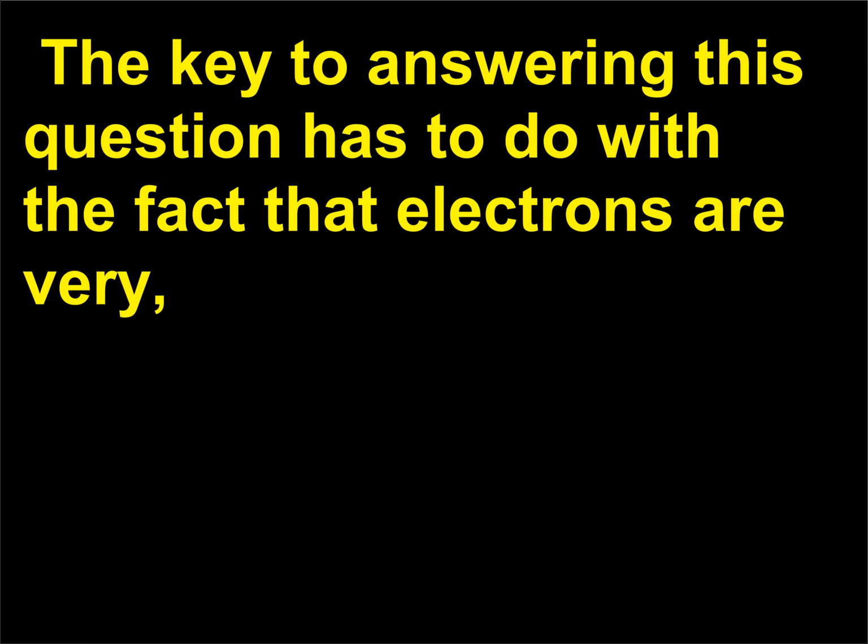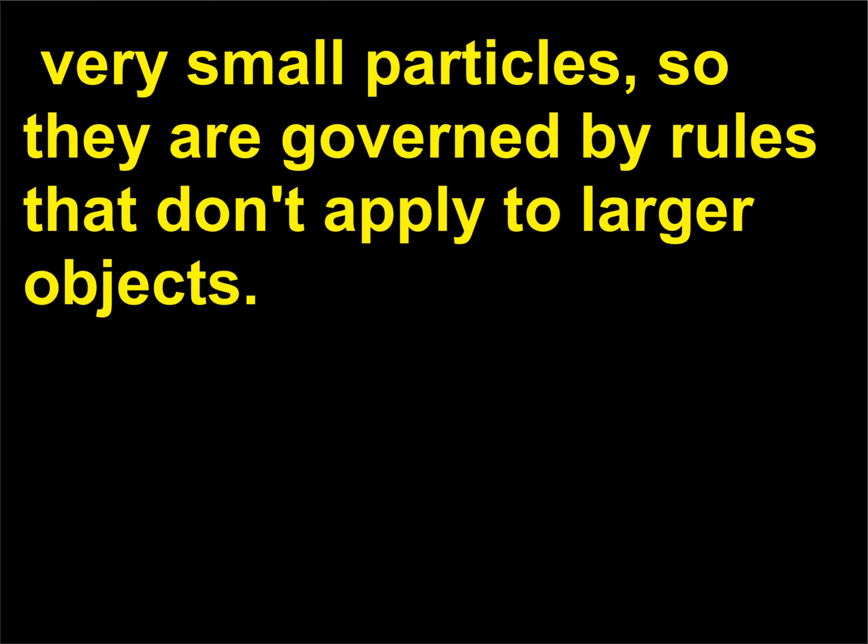The key to answering this question has to do with the fact that electrons are very small particles, so they are governed by rules that don't apply to larger objects, as we've talked about a little already.